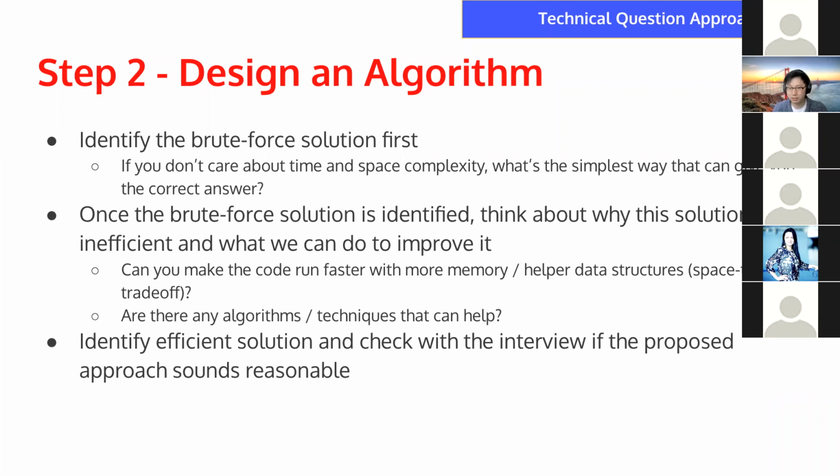And as I mentioned earlier, those techniques include things like pre-processing the input, doing binary search to make the search faster, or doing divide and conquer to distribute the workload, and so on, right? And once you start generating these ideas, you want to cut down both runtime and space, and then you want to identify an efficient solution and check with the interviewer if the proposed approach sounds reasonable.